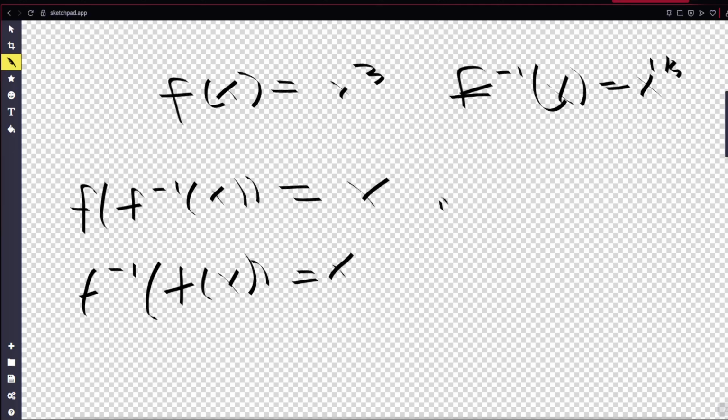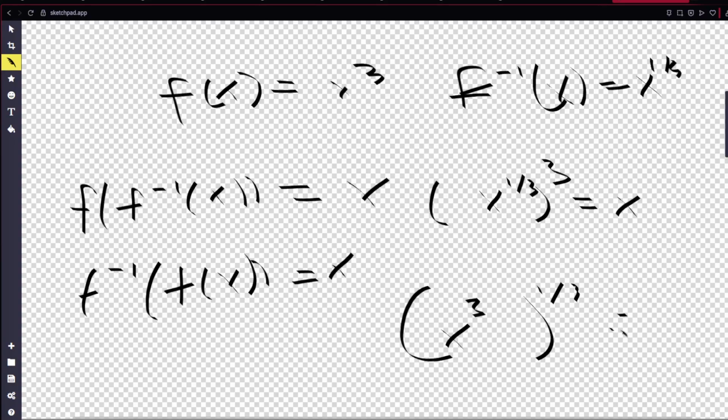So f of f negative 1 of x is simply going to be cubed, and then put the f negative 1 of x inside, so x to the 1/3 cubed, which is just x. Likewise, x cubed to the 1/3 is equal to x. So it is true, and you can prove it. But we'll move on a little bit here.